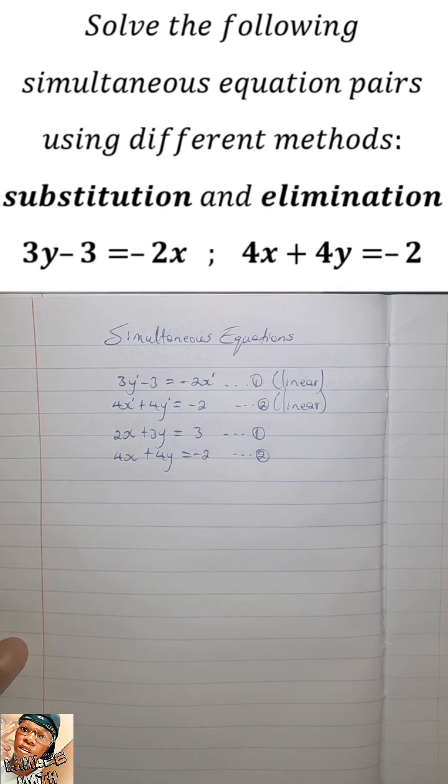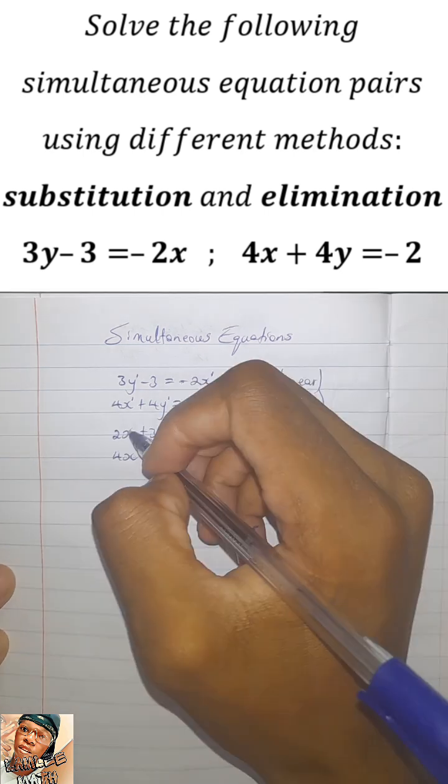And then the second step that I have to do is, because this is the elimination method, I have to eliminate either x or y by making sure that the coefficients of x in both equations are the same, or the coefficients of y in both equations are the same, right? So I'm gonna do this in terms of x first.